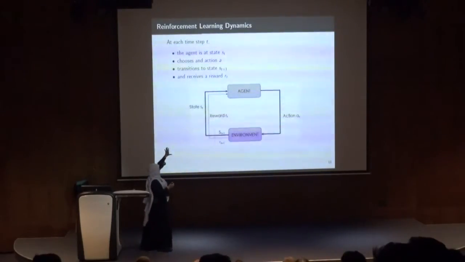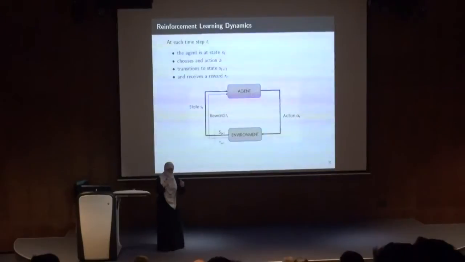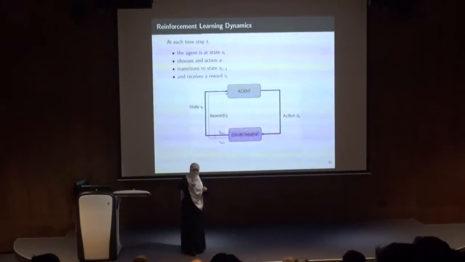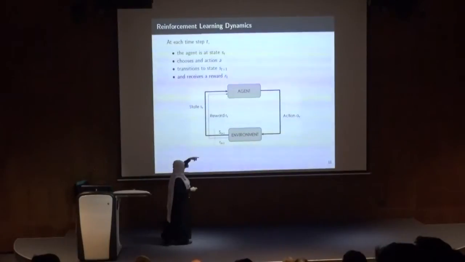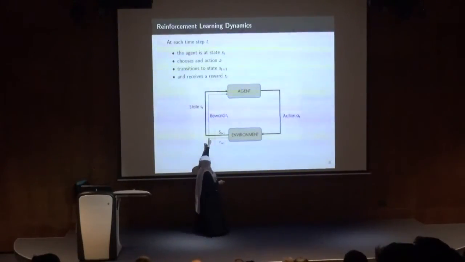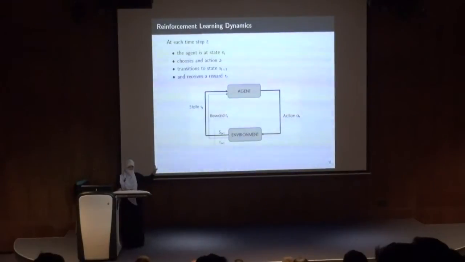I choose, according to a certain criterion, an action A. This action transitions me to a new state S_t+1, and this transition has a reward with it, which is called R_t in this case. So I have this interaction with the environment. I give the environment my action, and the environment gives me the next state and gives me a certain reward R_t. This is very important. Do you have any questions?